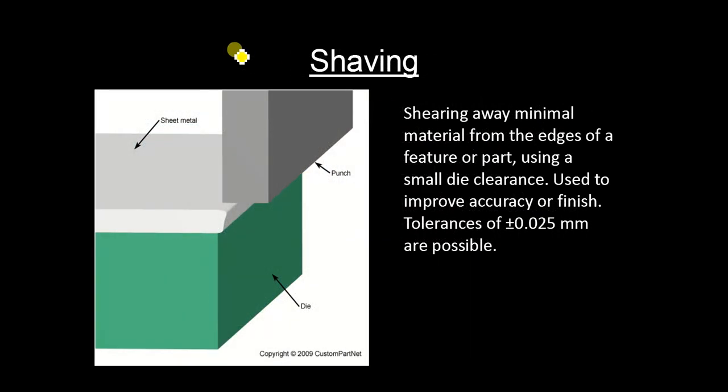The next technique is the shaving technique. In this technique we are basically shearing away minimal material from the edges. Generally, in the process of different operations, sometimes the edges are not clean. I mean they're not perfectly rectangular in shape.